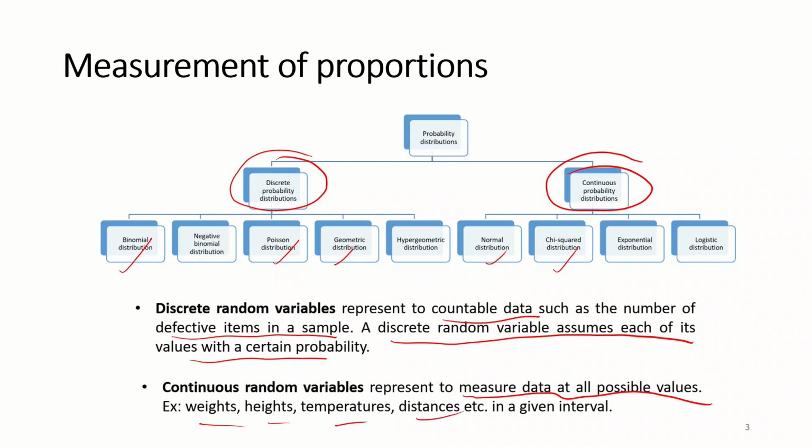Discrete is countable data, like how many defective items are in the sample, whereas in a class there will be different weights and heights of people, so it's continuous data.